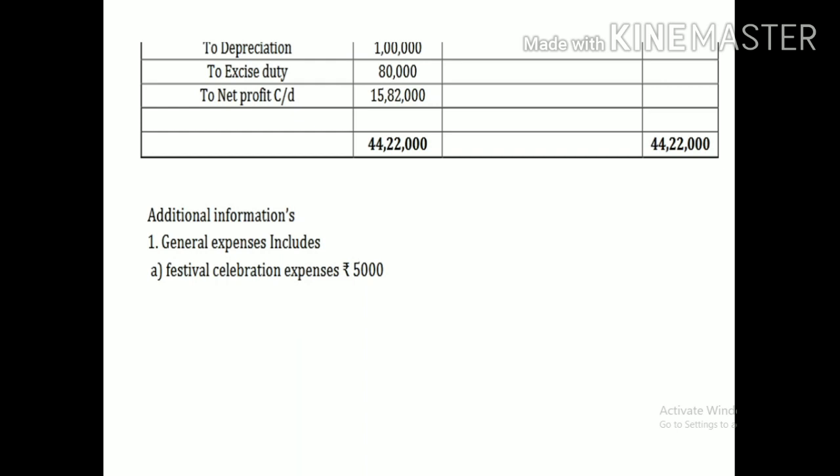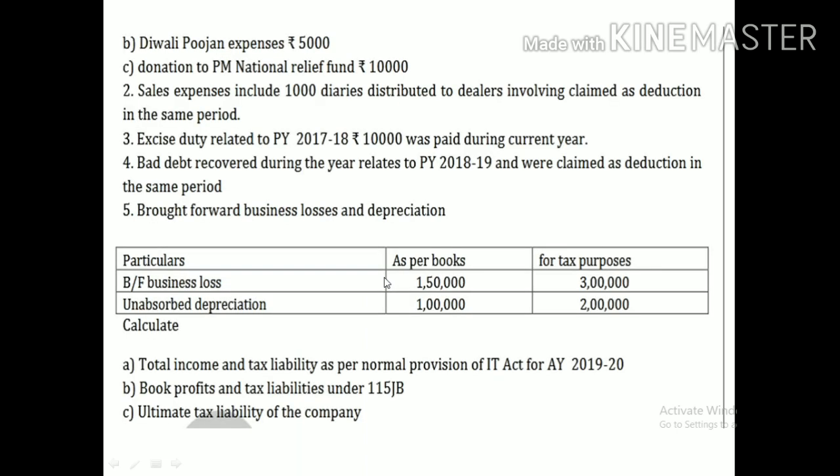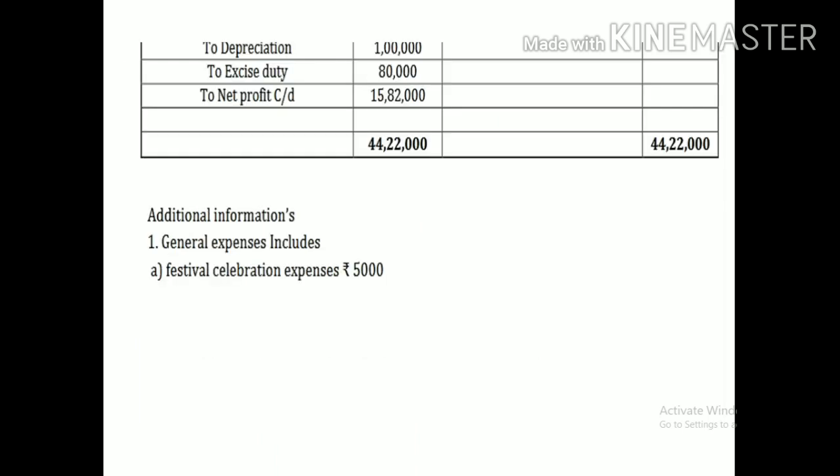Do it like this: first add this 1 lakh rupees as inadmissible, and take the same amount as allowable, 1 lakh rupees, because in the adjustment there is no specification of the depreciation expense as per the IT Act. In this situation we should take the same amount as allowable. So that was the treatment: first add back to the profit, then deduct the same amount from the profit as an allowable expense.